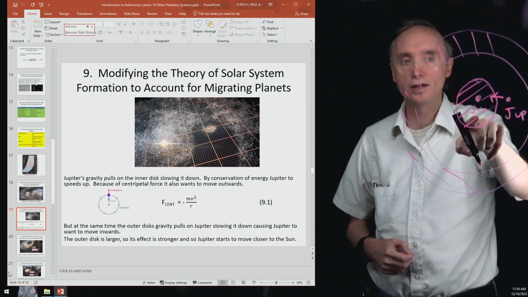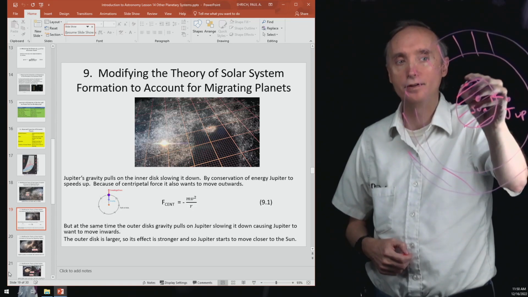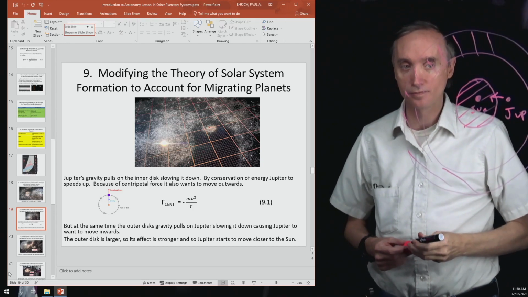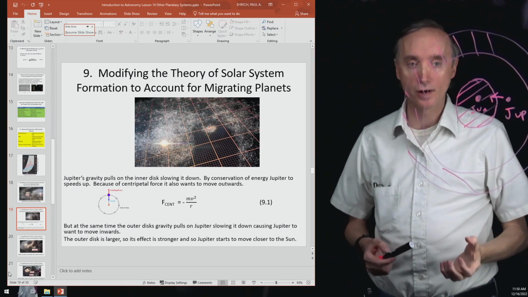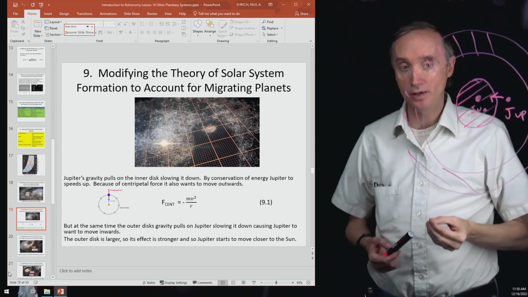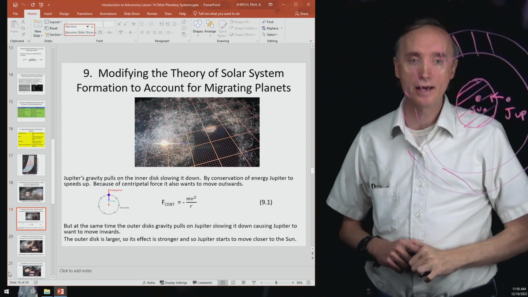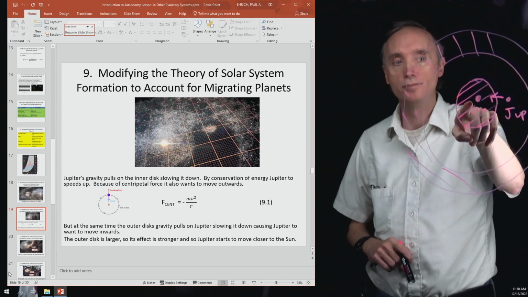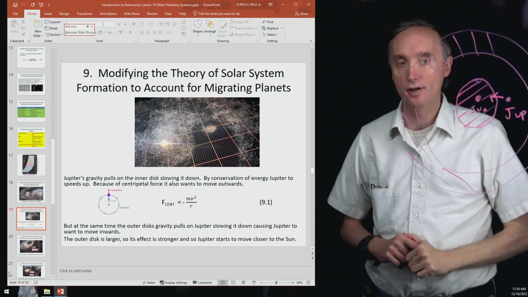So if this thing slows down, then this means that the kinetic energy of this disk is going to start to decrease, because kinetic energy is 1/2 mv squared. So it depends on the speed. The faster something's moving, the more kinetic energy it's going to have. So because of the gravity of Jupiter, this disk is going to start to slow down in its rotation rate.